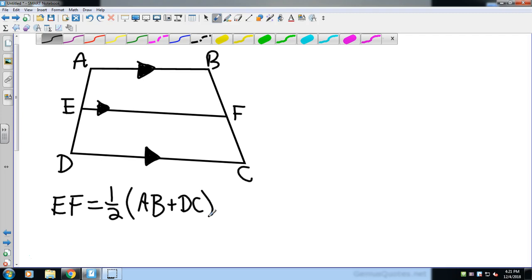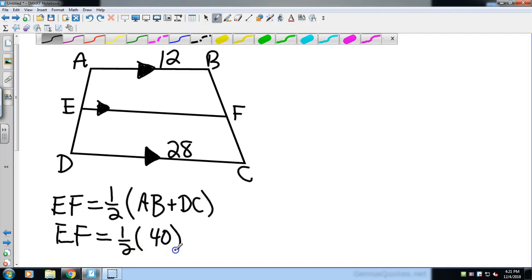And so let's say that the top one, AB, is 12, and DC is 28. Okay, so EF would be 1/2 of 28 plus 12, which is going to be 40. So EF would have to be 20. Okay, so pretty straightforward.